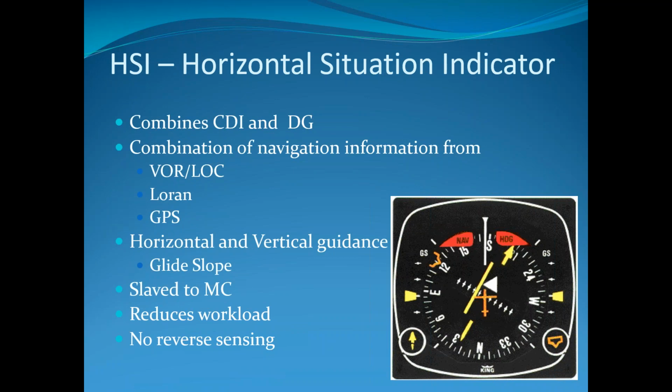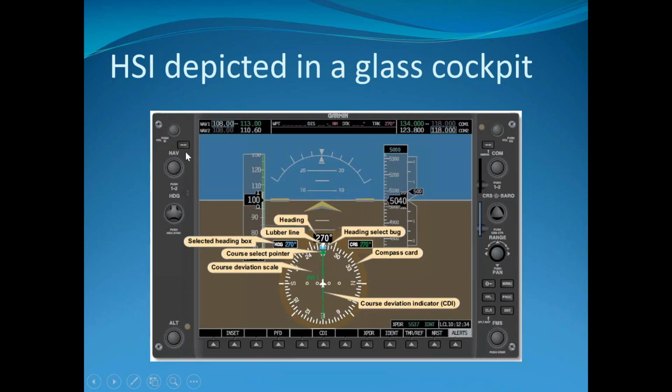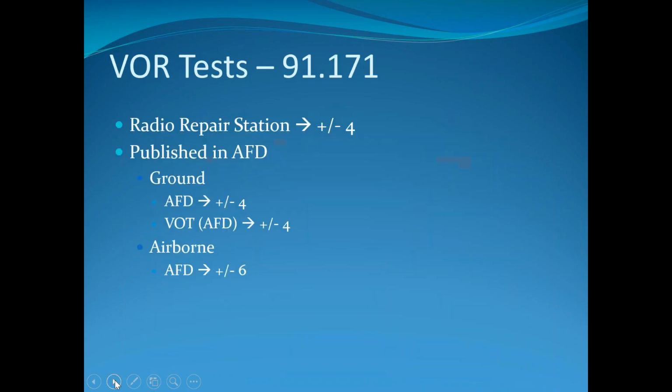It gives you an idea, and it does the work of several systems. It also does the magnetic correction for you. Really not too much you need to know about this, so instead of overloading your brains with it, we'll skip through it. That's what an HSI looks like in a glass cockpit.